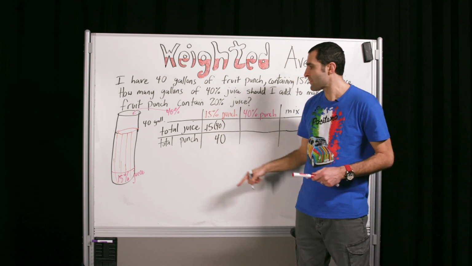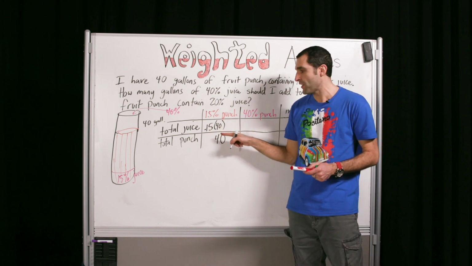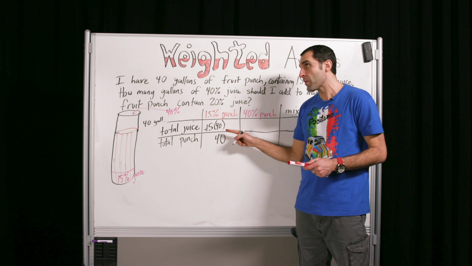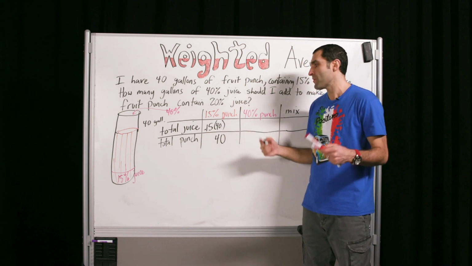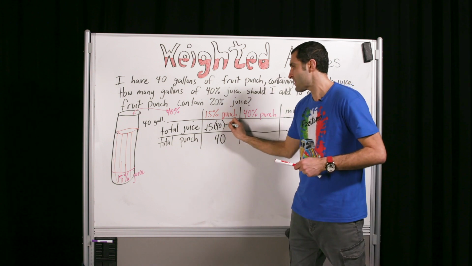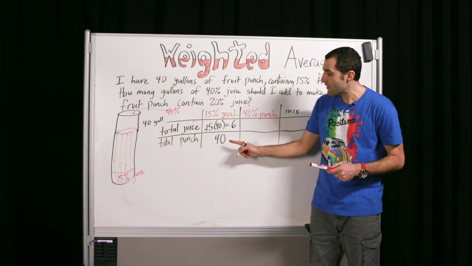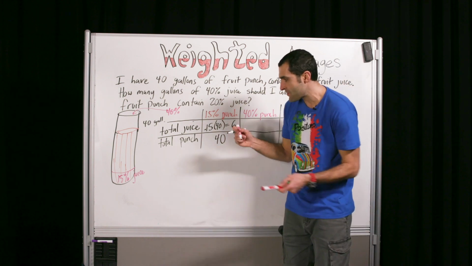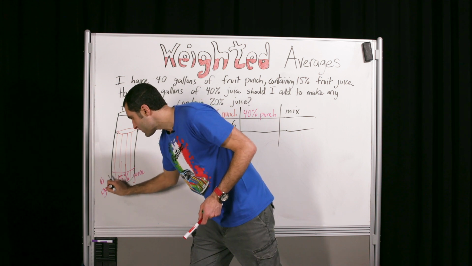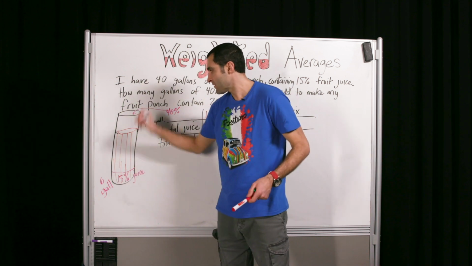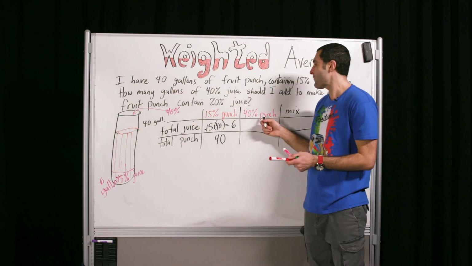If I wanted to multiply through, I could do a distributive style: 10% of 40 and 5% of 40. 10% of 40 is 4. 5% of 40 is half of that, half of 4 is 2. So 4 and 2 together makes 6. So 6 is 15% of 40. Of the 40 gallons, 6 gallons is juice. So far, so good. Then we put in the 40% punch.